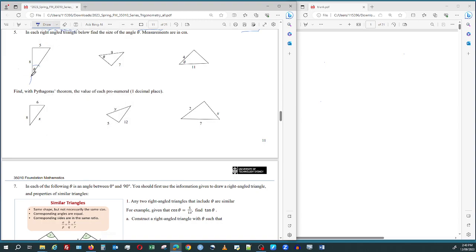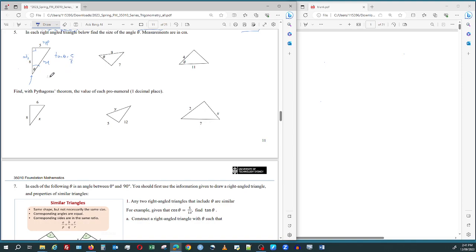So we look at the angle as our right angle. We're looking for theta. So it's opposite over adjacent. There's our hypotenuse, which we don't know. So the most convenient one is to use tan. So tan theta will be equal to 5 over 8.